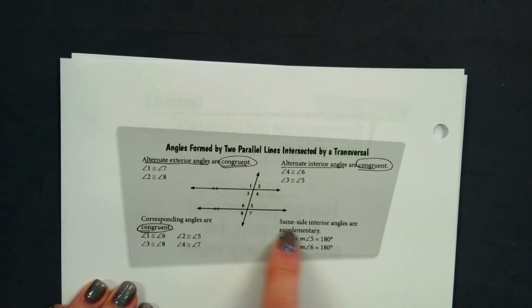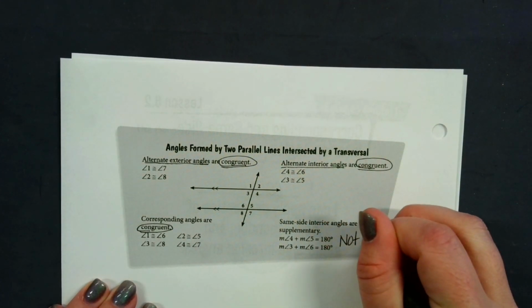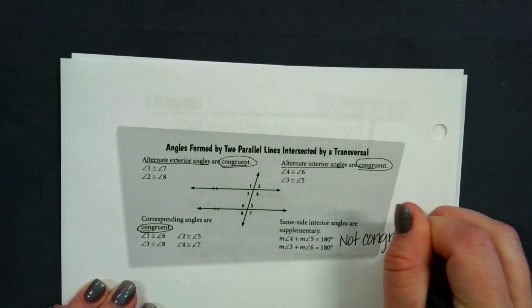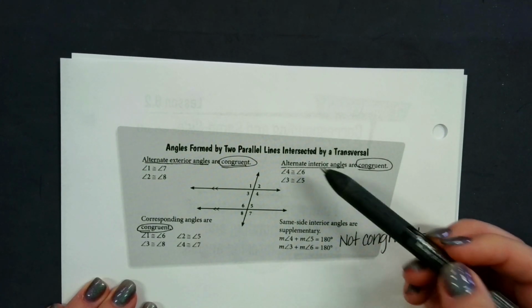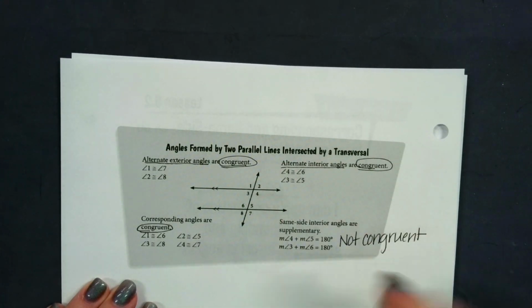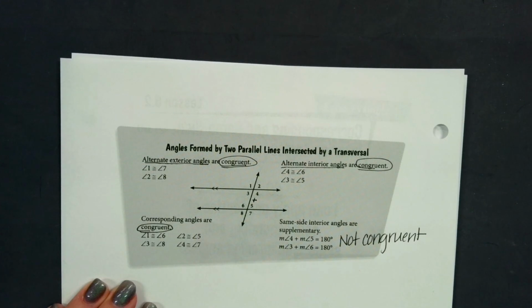Same side interior are not congruent. But what they do is they add to 180. So angle 4 plus angle 5 add to give you 180.